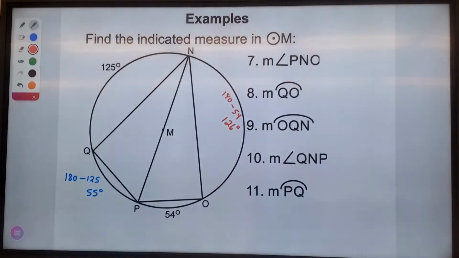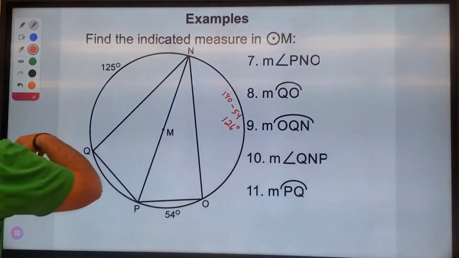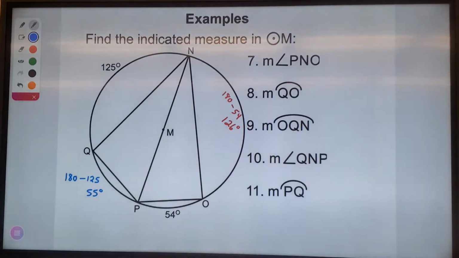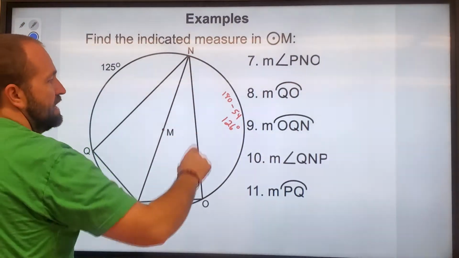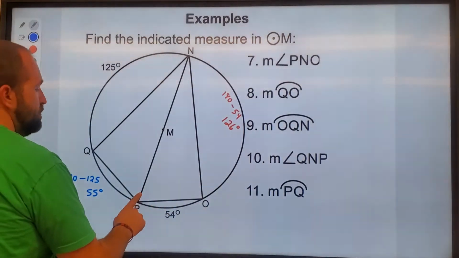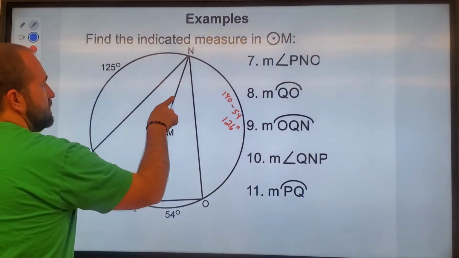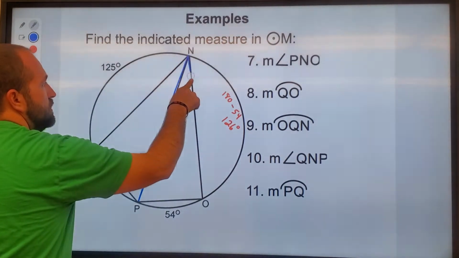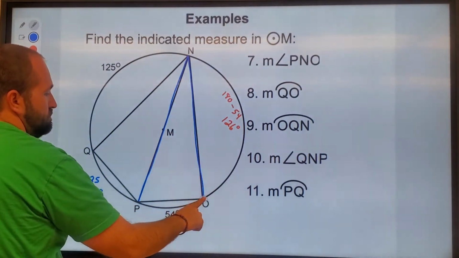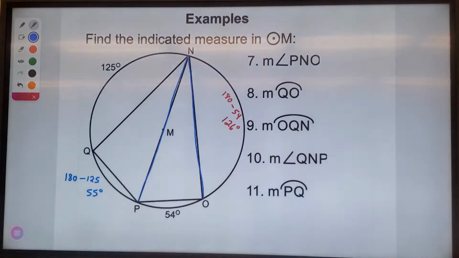So now that I have those, let's go ahead and go through the questions here. So number 7, the measure of angle PNO. So angle PNO is from here to there to here. Going back through stuff that we've discussed, this is an inscribed angle.